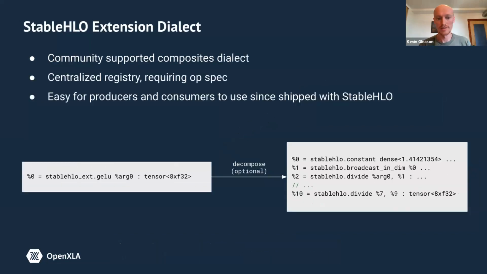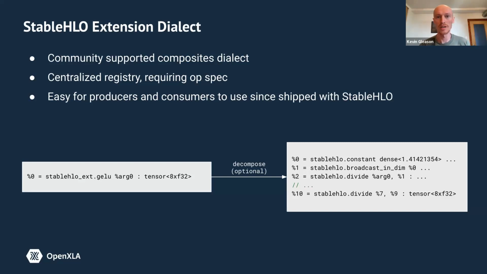So that part of it largely addresses the issue of not providing a way of capturing abstractions. The second half of this was the glide path for adding a new op to the op set. So we also propose a StableHLO extension dialect, which is a community supported composite dialect.